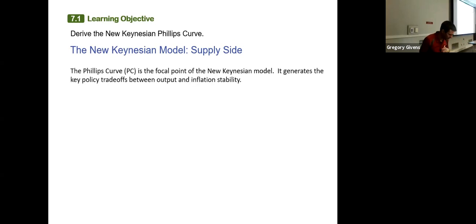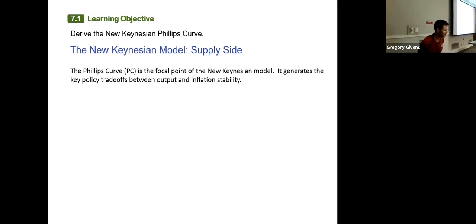All right, now let me start with the supply side of the new Keynesian model first. It is characterized by something called a new Keynesian Phillips curve, okay? This is the focal point of the new Keynesian model. And like I said earlier, it generates these key policy trade-offs between the output gap and inflation, okay?